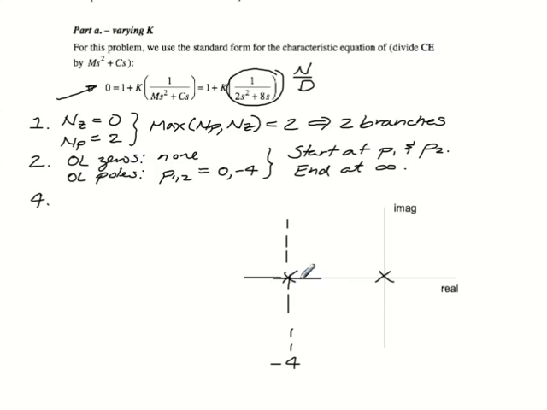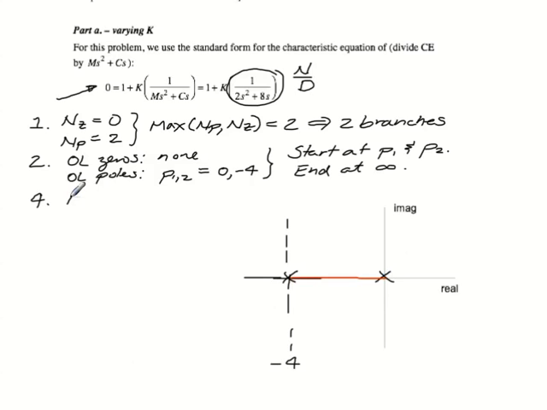Well, what that says is that the region here, which I'm going to show as a red line between P1 and P2, we know is going to be part of the root locus.